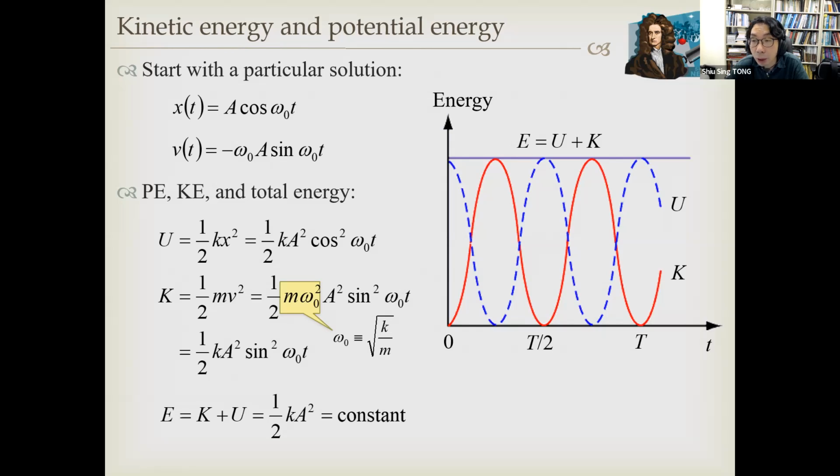Okay, it's not proportional to the amplitude itself, but the square of the amplitude. Okay, now this fact does not confine to mechanical oscillation. Even for electromagnetic oscillation, the same thing holds.